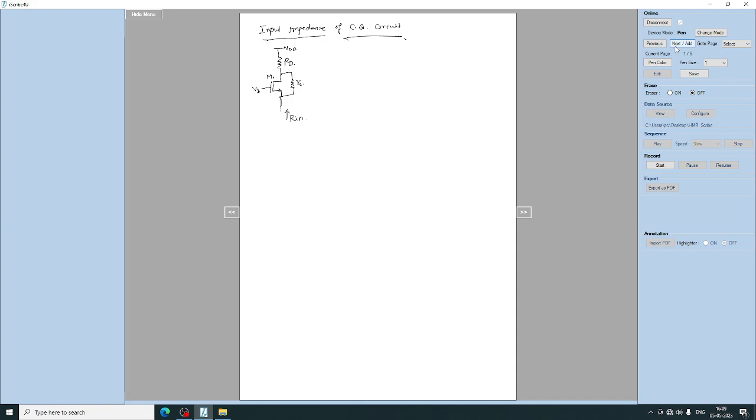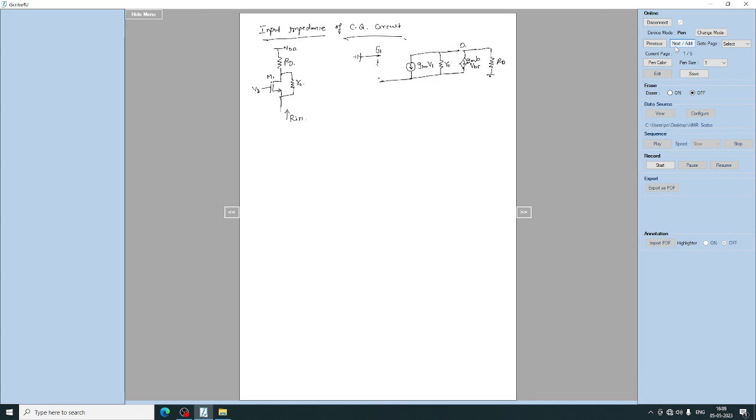So writing the small signal model for this: GM into V1, and R naught, GMB into VBS. This is RD. This is the drain terminal. This is the gate terminal which is connected to ground for common gate, and we are giving the input.